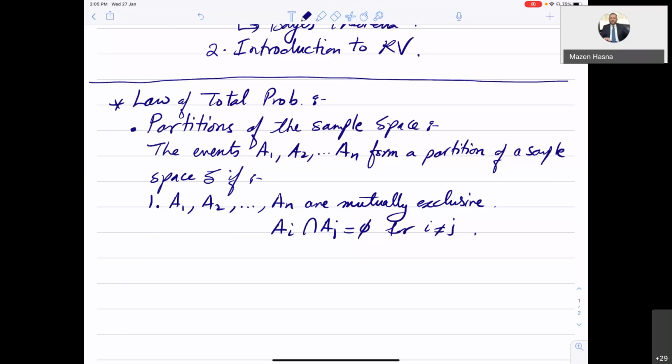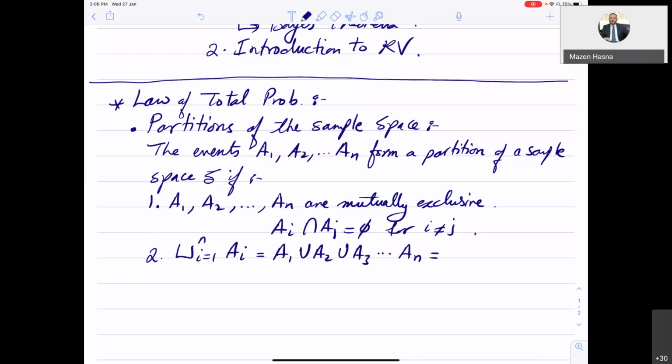Second condition is when I take the union of all events, it will give me the sample space. So union of I equals 1 to N of AI, which means A1 union A2 union A3 all the way to AN.